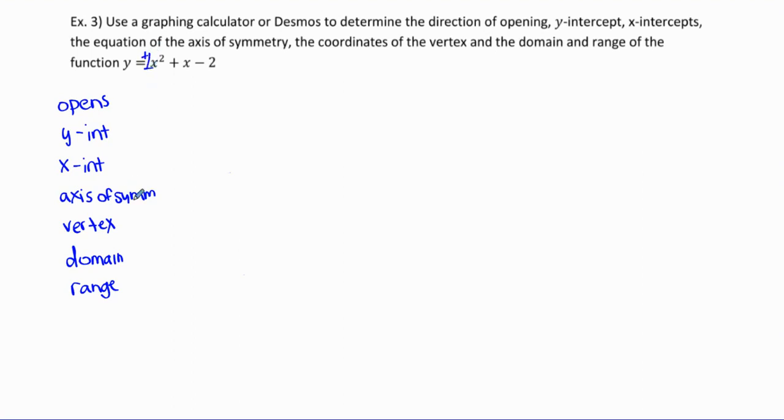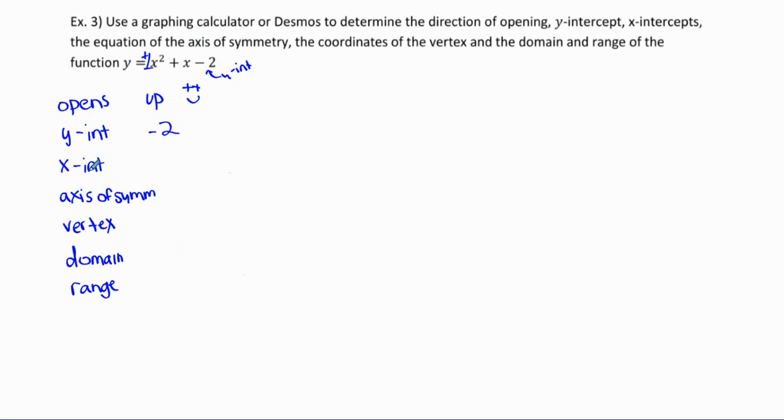This is a +1, so since it's positive, it's going to open up. Our y-intercept, we can tell directly from this equation when it's in standard form, because it's going to be whatever this constant is. So our y-intercept is at -2.